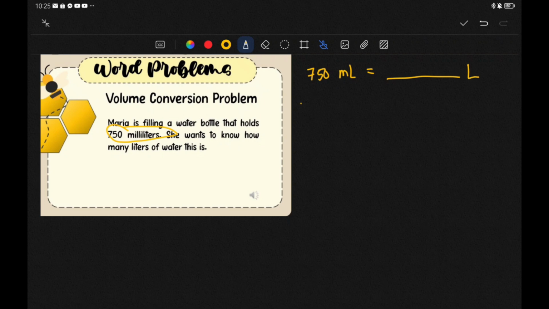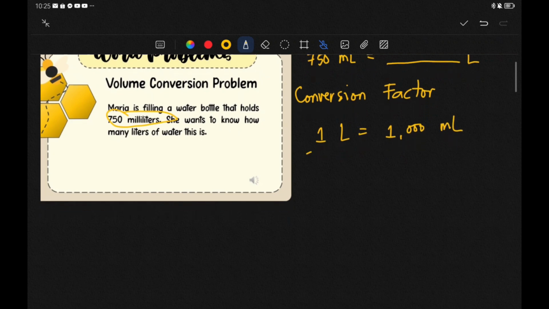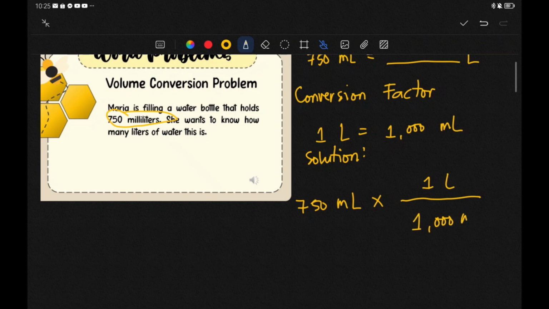So our conversion factor, remember that 1 liter is equal to 1,000 milliliters. Now for our solution, this is 750 ml times 1 liter over 1,000 ml.